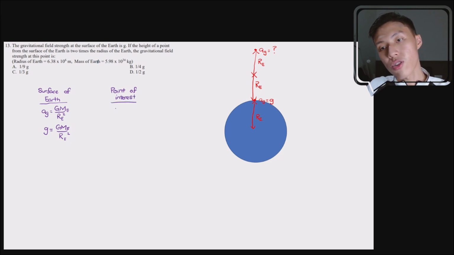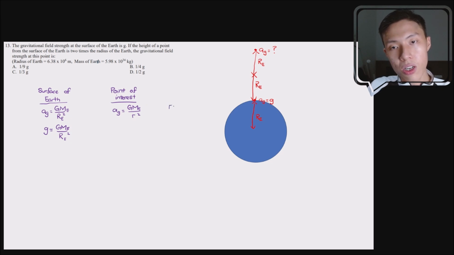So at this point of interest here, the acceleration due to gravity or the gravitational field strength is also GM_e, but this time it's over r squared. Okay, we know that r is equal to this part over here, and it is equivalent to the radius of the Earth plus the height. So let me just write like this: radius of the Earth plus the height will be equal to the distance of the point from the center of the Earth.